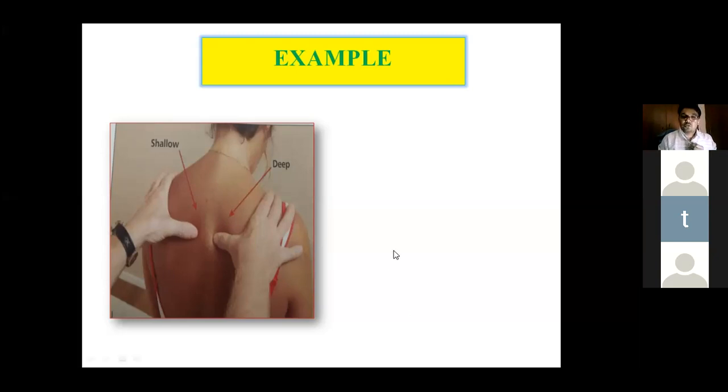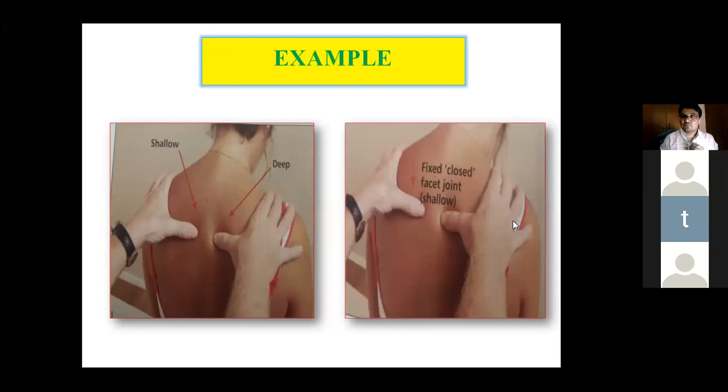We should ask the patient to bend forward and backward. We should ask the patient to flex the spine and to extend the spine. See, then let's see what is happening in flexion. In flexion, what we are seeing in this slide, the right thumb is going more deep and the left thumb is coming more superficial.